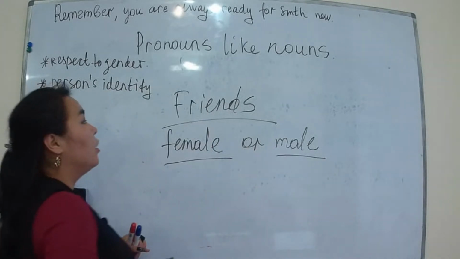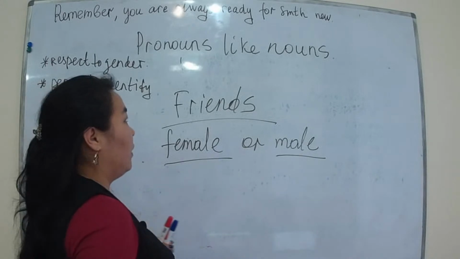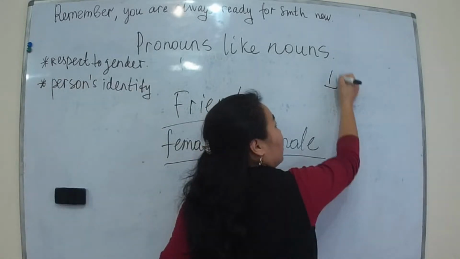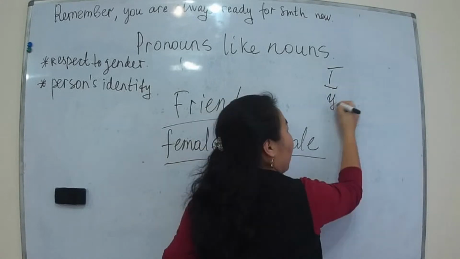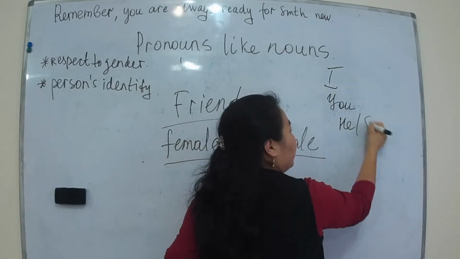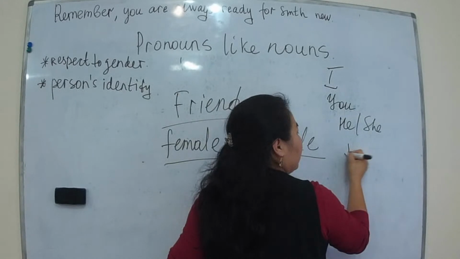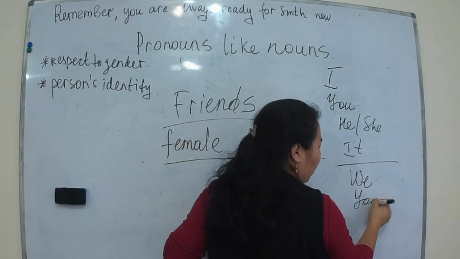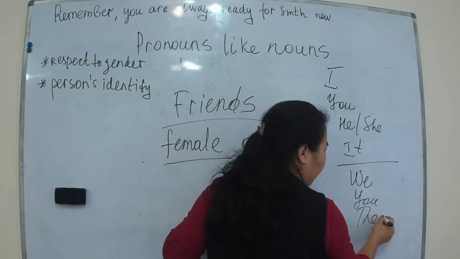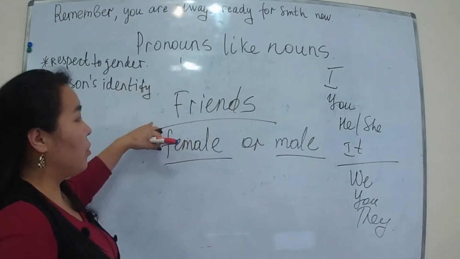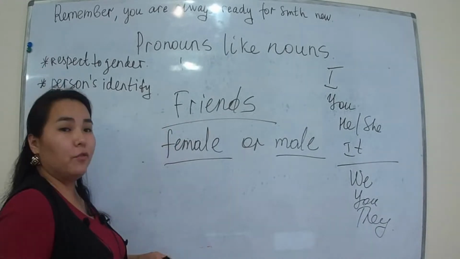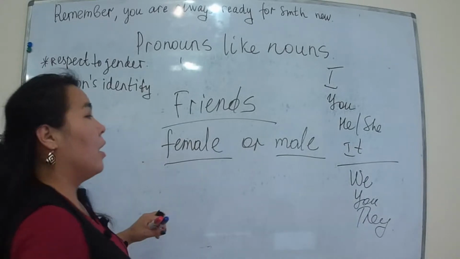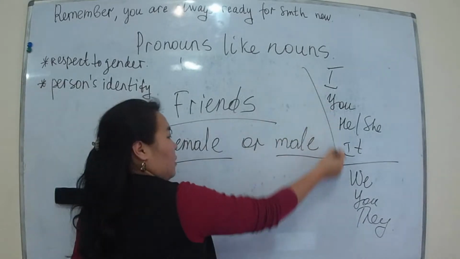That's why we use the pronouns. We know that we have pronouns in English: I, you, he, she, it, and for plural form, we, you, they. And in the topic, when we want to identify the gender of the person, we use these pronouns.